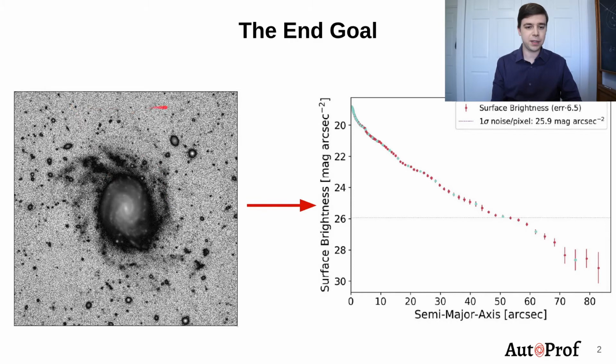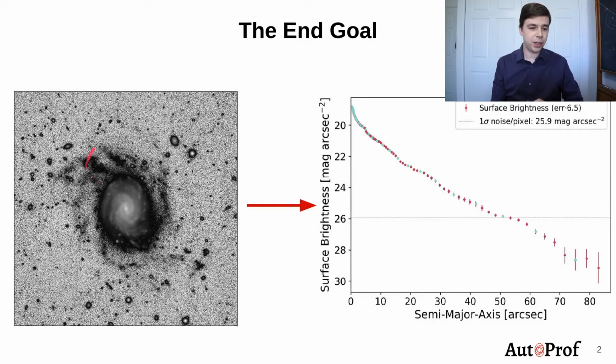There's lots of space around it that gives us a good handle on what the sky value is, and there are no bright overlapping objects. There are still plenty of other smaller objects in the view which could potentially disrupt a photometry software, but AutoProf is intended to deal with this sort of thing.